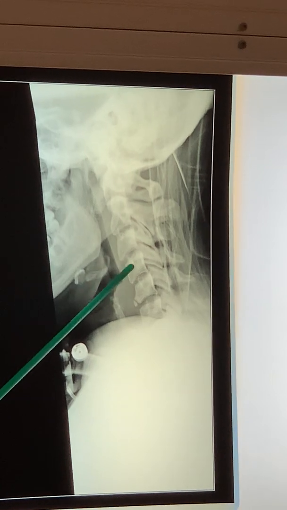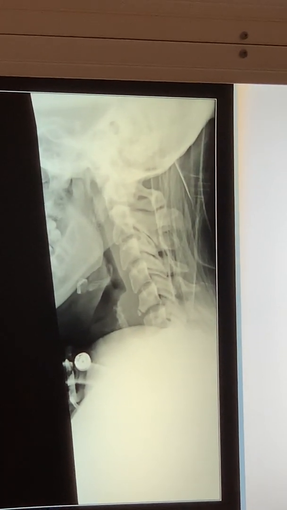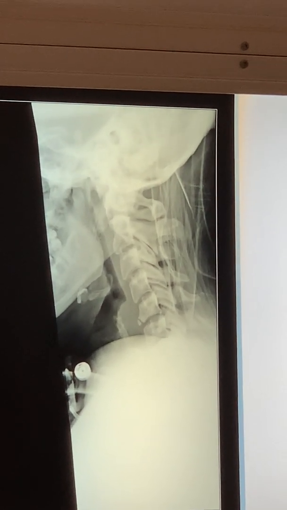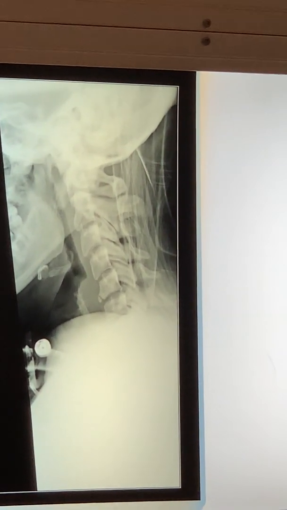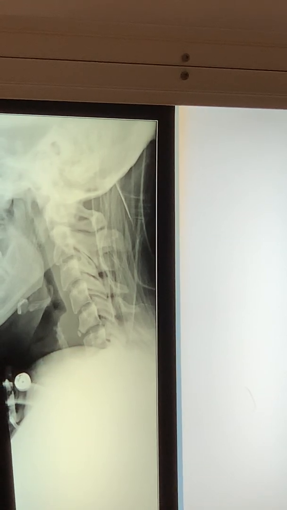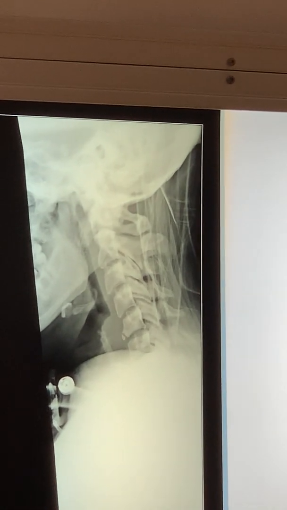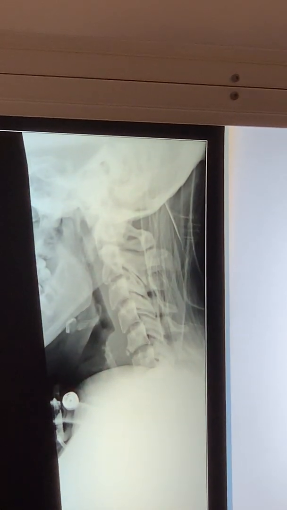Here's 3, 4, 5, 6. We don't even see C7. What's the bulge in front of C5, the tip? Good. What do we call that? An avulsion fracture, specifically Jefferson. Teardrop. So a little teardrop fracture.